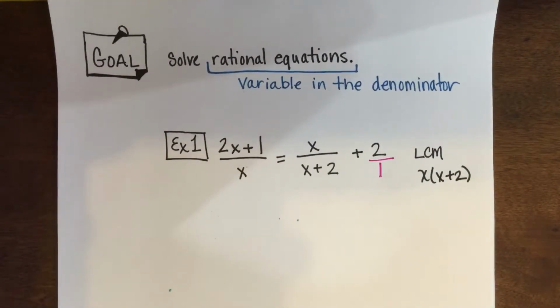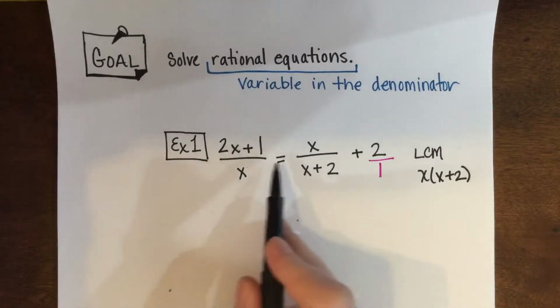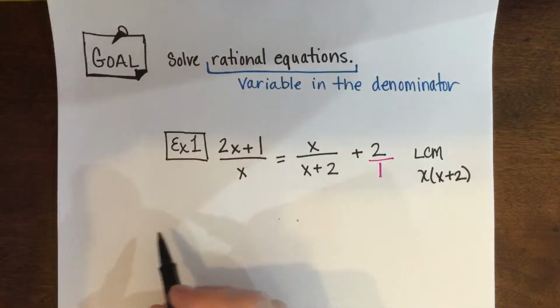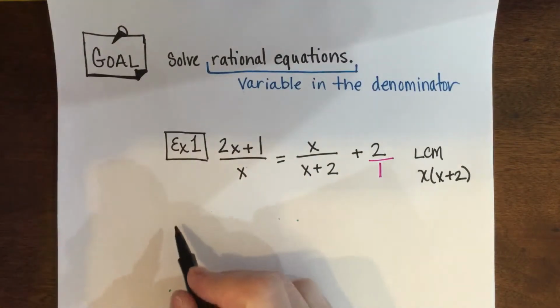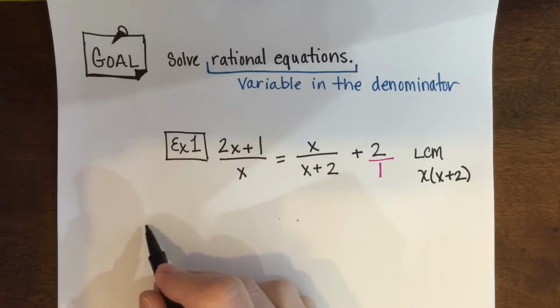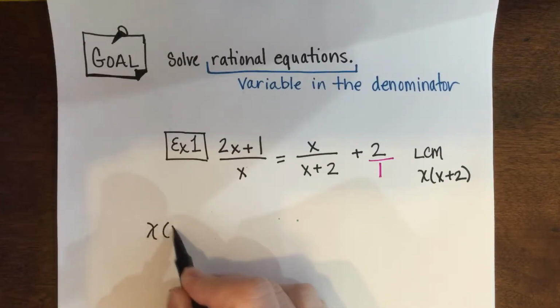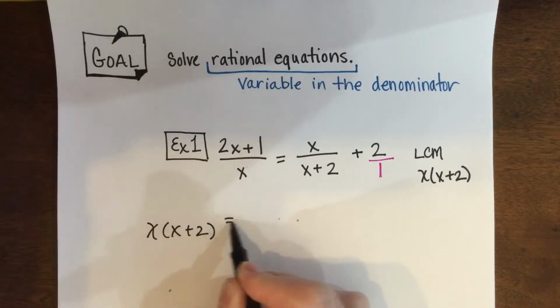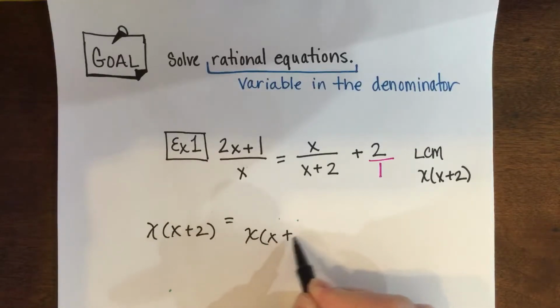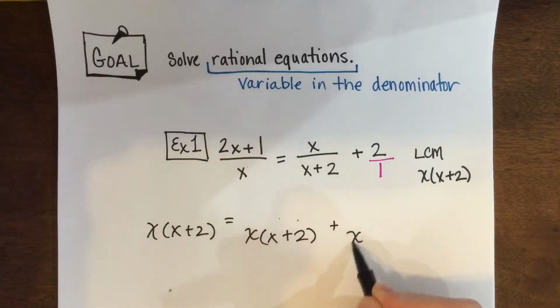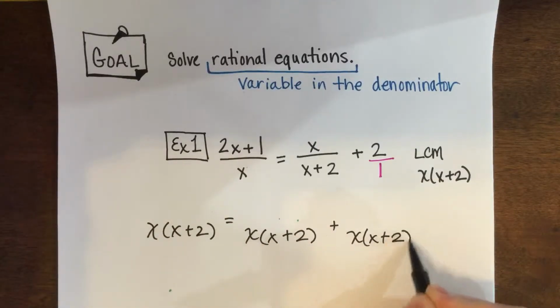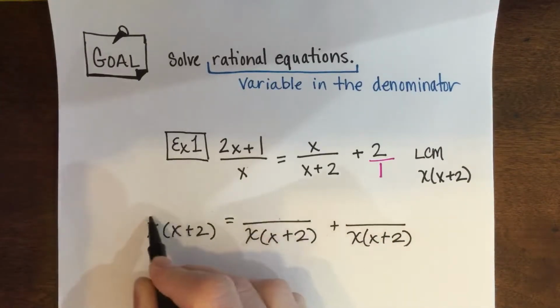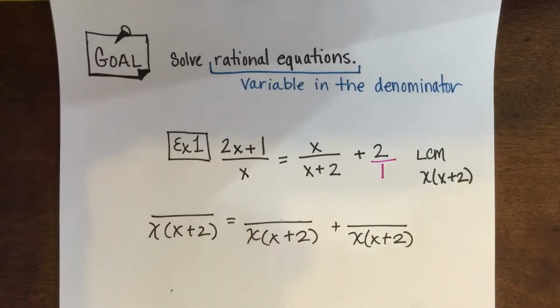So what I'm going to do now is rewrite each one of these terms in hopes of getting x times x plus 2 as my denominators. So I have x. So this is what I want.